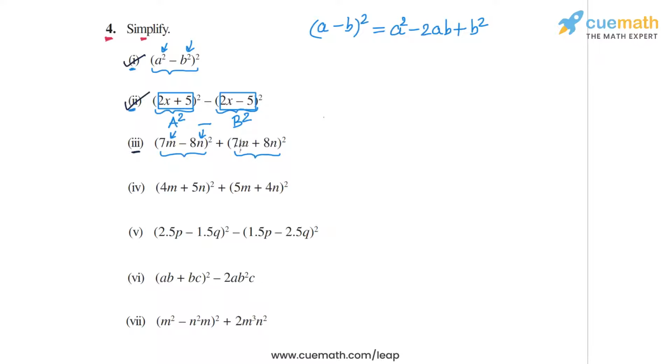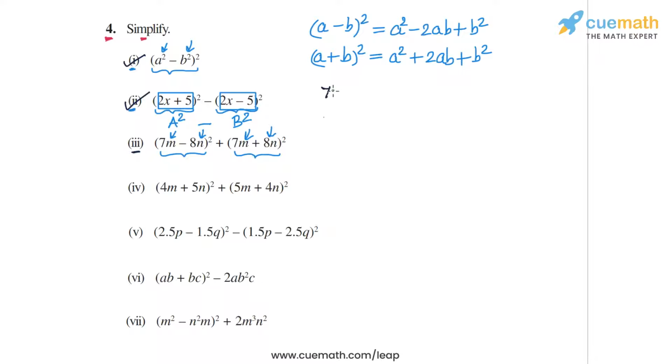The second part is of the form (a + b)², where a is 7m and b is 8n. So we can expand this using the identity (a + b)² = a² + 2ab + b². Okay, now let's apply these identities and simplify this expression.